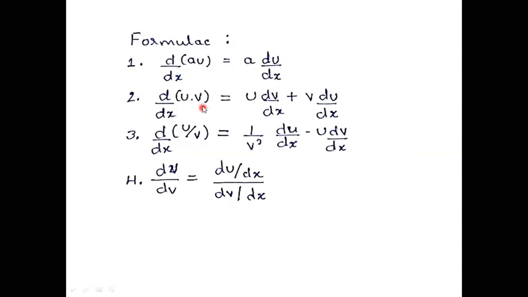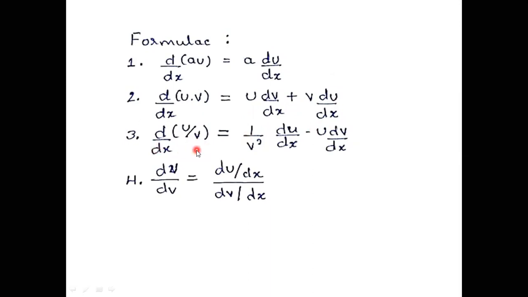Next, two functions which depend upon x, which are in product form. Then I can write: take the first term as it is, then differentiate the second term, plus take the second term as it is times the differentiation of the first term. That is, differentiation of uv with respect to x will be equal to u times dv upon dx plus v times du upon dx. Okay.